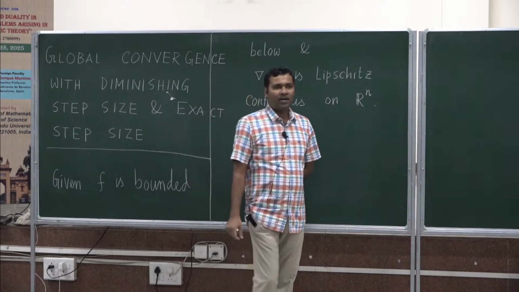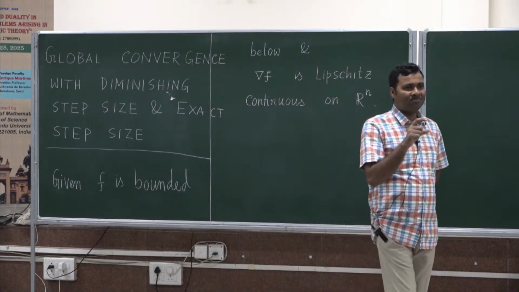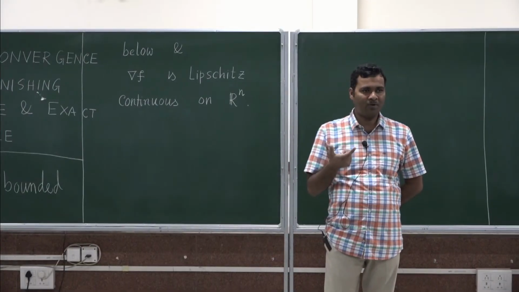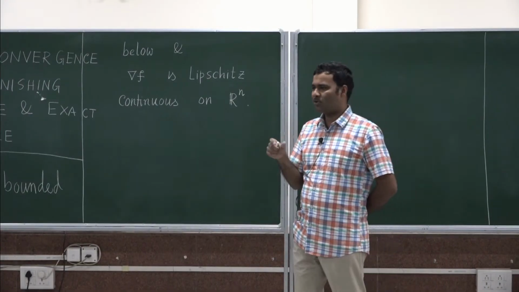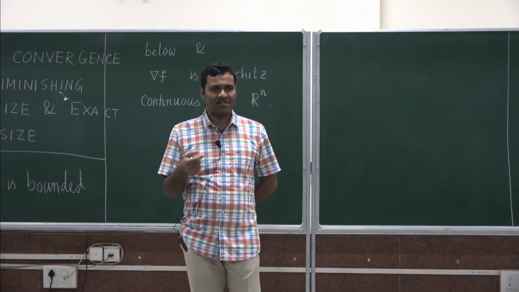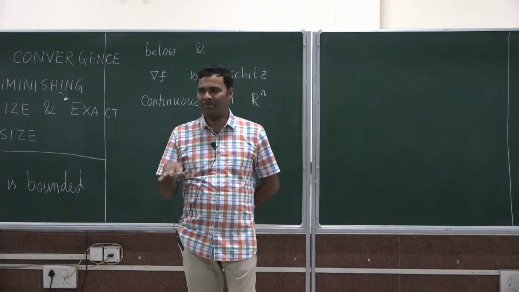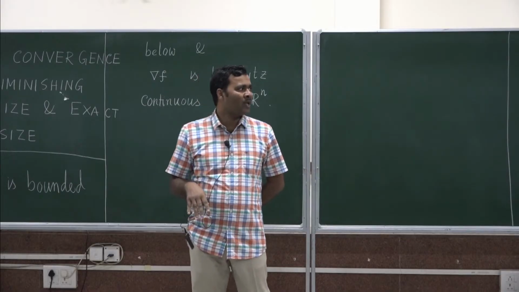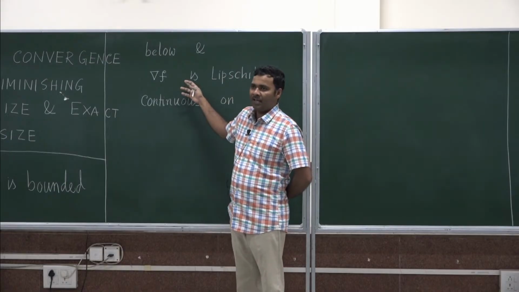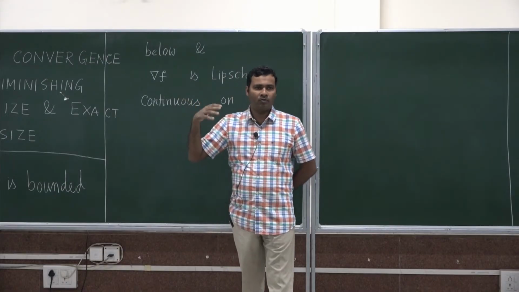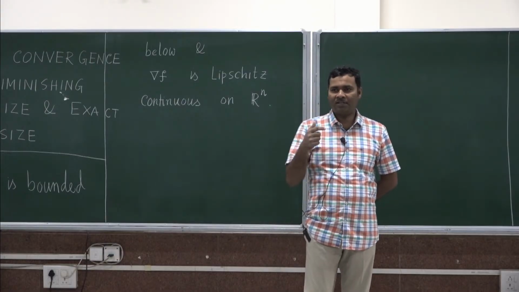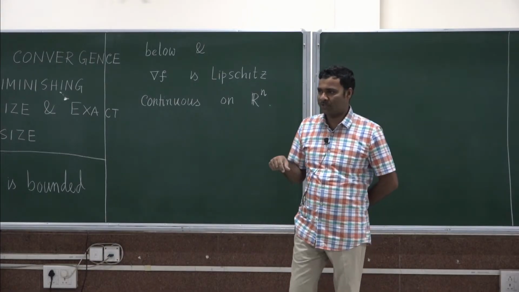Fine. And we are under the two common assumptions. Those assumptions are like f is bounded below. We are minimizing a function, commonly from the algorithmic viewpoint we always assume that the function has an infimum, it is bounded below. And also we consider that the gradient of f is not growing too fast, and by that we assume that the gradient of f is Lipschitz continuous.